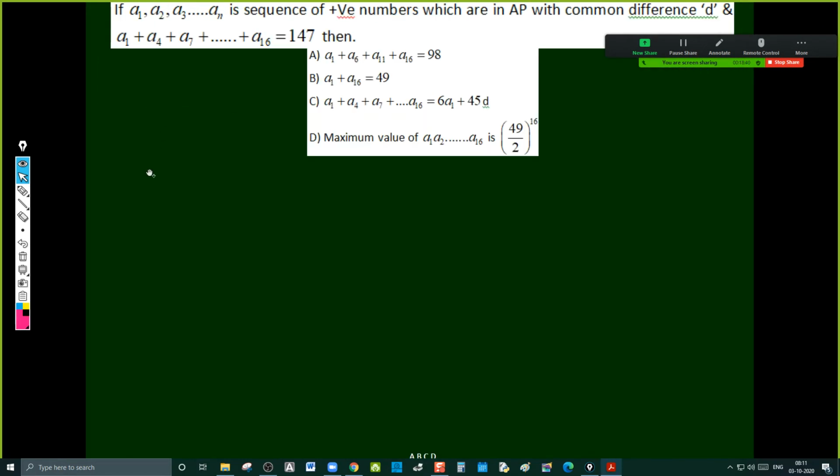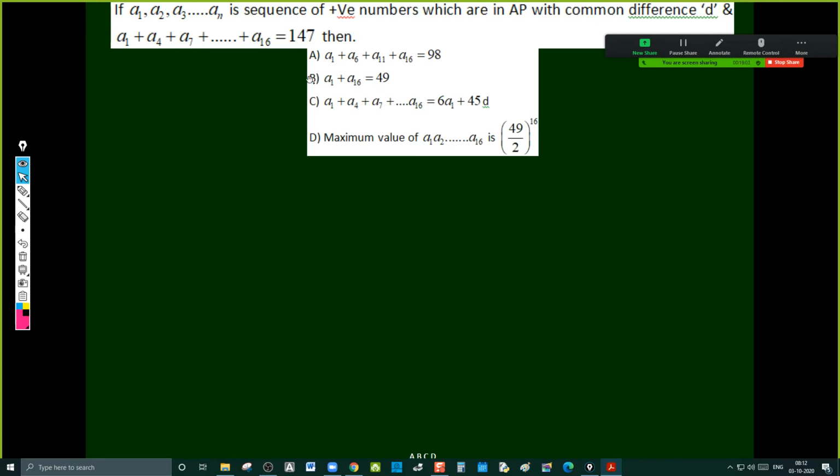This is A1, A2, A3, and so on. An is a sequence of positive numbers which are in AP with common difference D. And A1 plus A4 plus A7 plus and so on plus A16 is equal to 147.